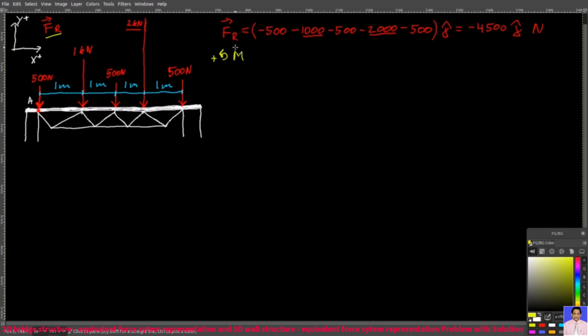So I have MRA equals minus 500 times 0, that's this force, but the moment arm here is 0 meters, then minus 1000 times 1 meter, so it's this force here, and this is your moment arm, minus 500 times 2 meters, so now we have this force, and we have 1 plus 1 meters.